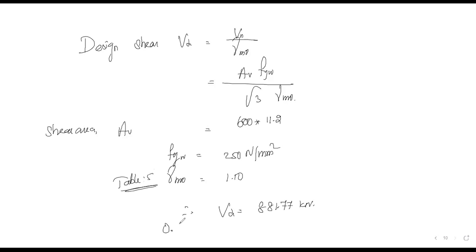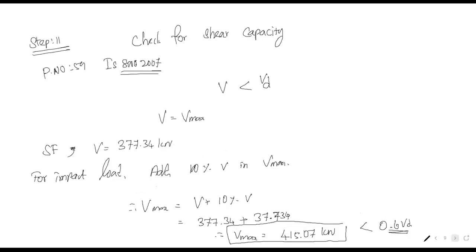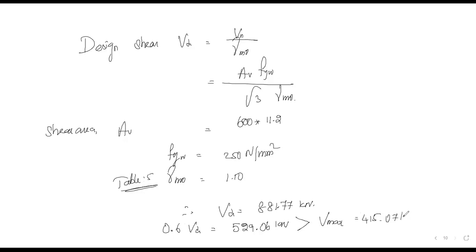Now we have to calculate 0.6 times VD, which is equal to 529.06 kilonewton. Okay, which is greater than our V max, that is 415.07. Okay, hence our section is safe to transfer the shear also.